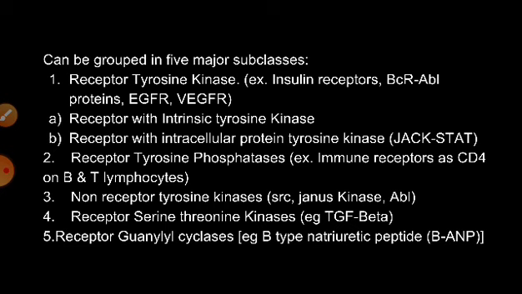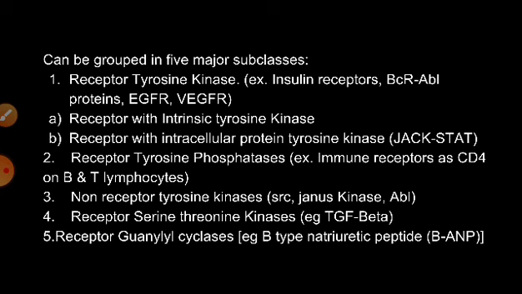In this, the enzyme attached with the receptor is the tyrosine kinase enzyme. For example, insulin receptors, BCR-ABL protein receptors, EGFR and VEGFR receptors are all of this type. They all have tyrosine kinase as an intrinsic enzyme.